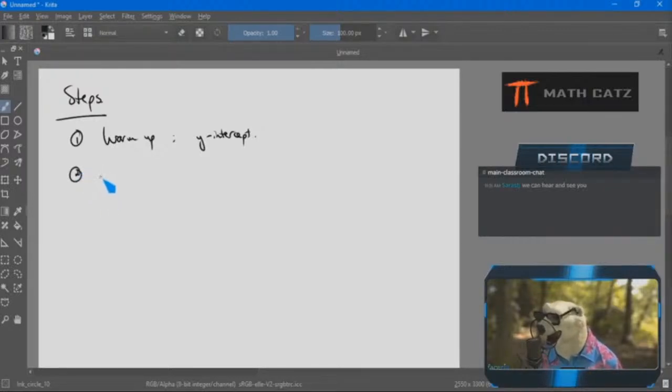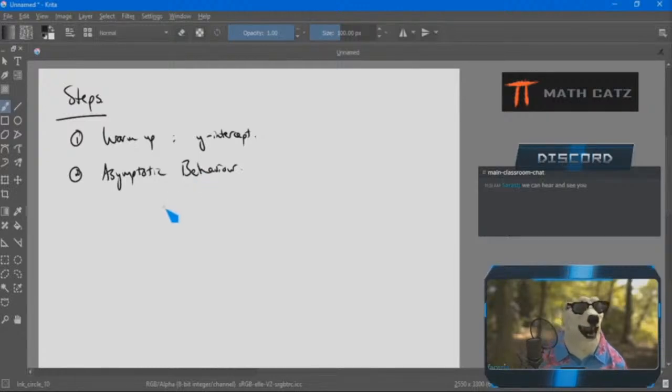Just getting into the right mindset. Then we had our asymptotic behavior, where we analyze the function and we see what's the long-term behavior, are there any asymptotes, so on.